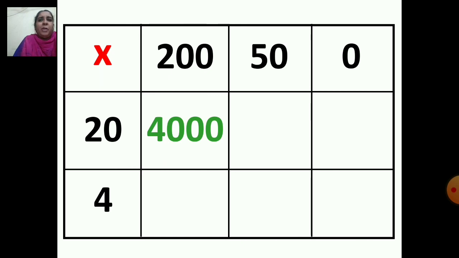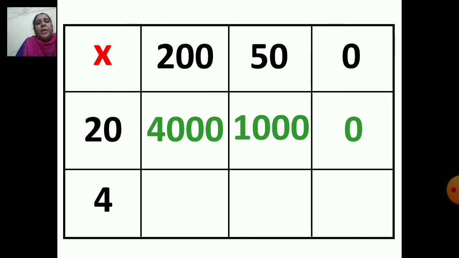So you will say table of 5. 5 2s is how much? 10, right? After 10 what you will put? 2 more zeros. So your answer is 1000. Now 0 multiply by 20. Any number multiply by 0, what you will get? 0 only. Very good.